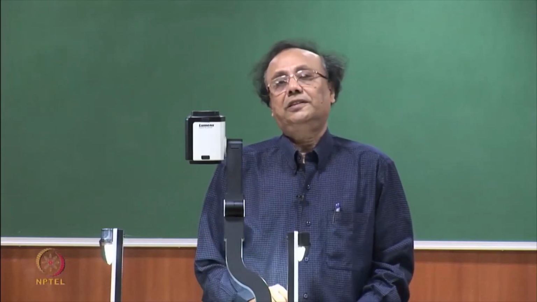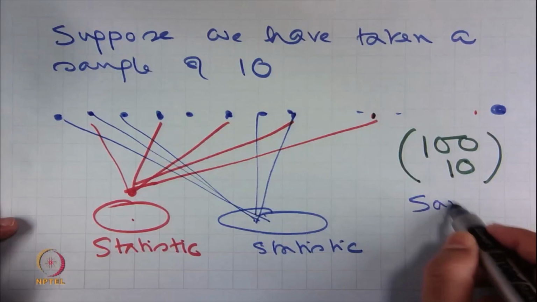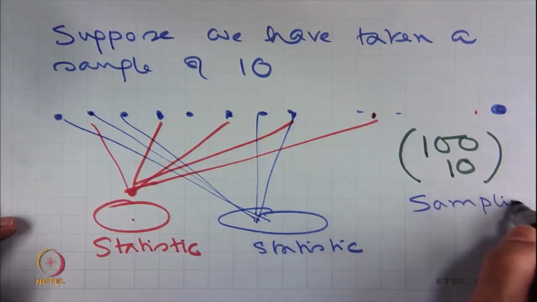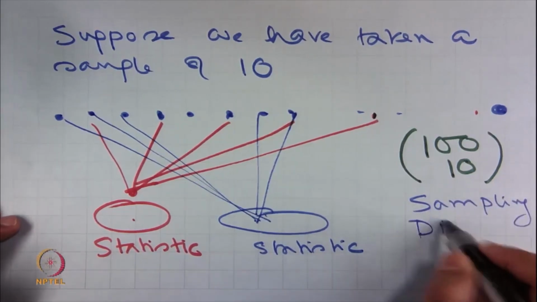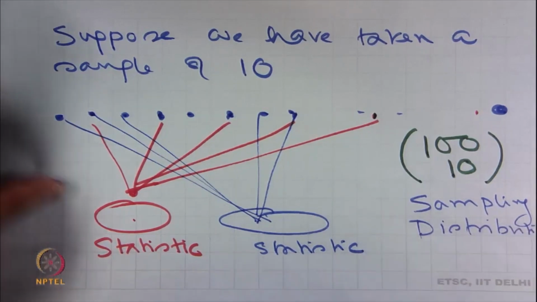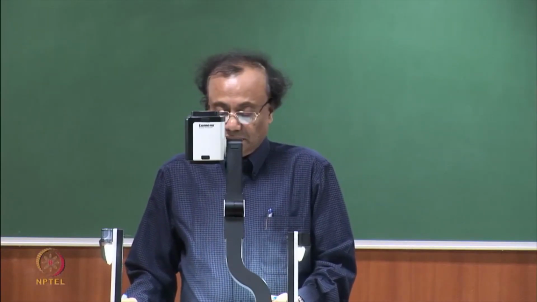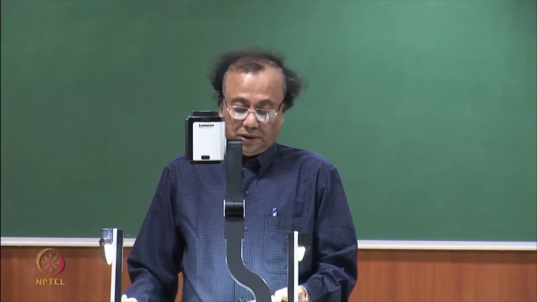Therefore, it makes sense to talk about the distribution of that statistic, which is called the sampling distribution. In today's lecture, I will be talking about some sampling distributions, which will be helpful in estimating population parameters.